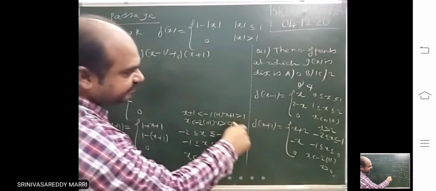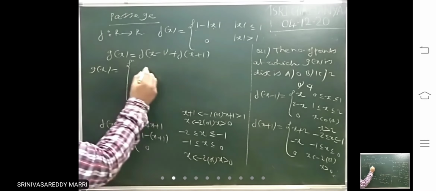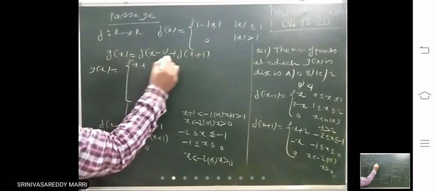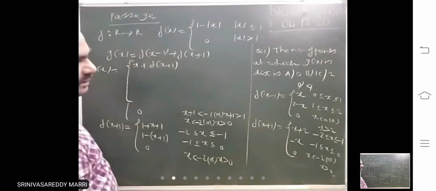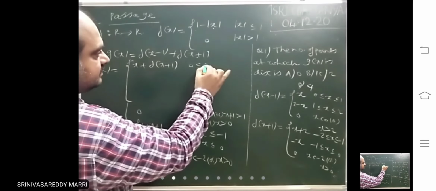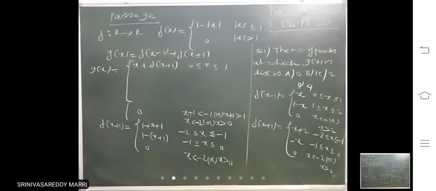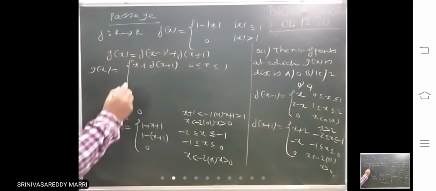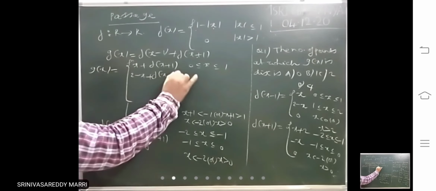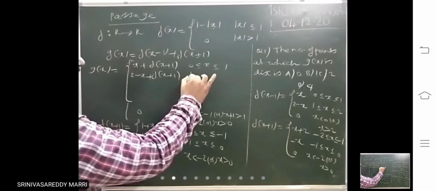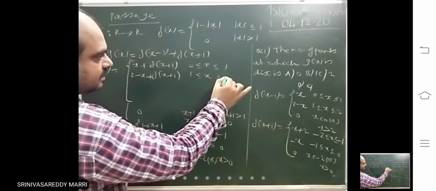This plus this. That means f of x minus 1 is x for 0 to 1, then 2 minus x for 1 to 2.